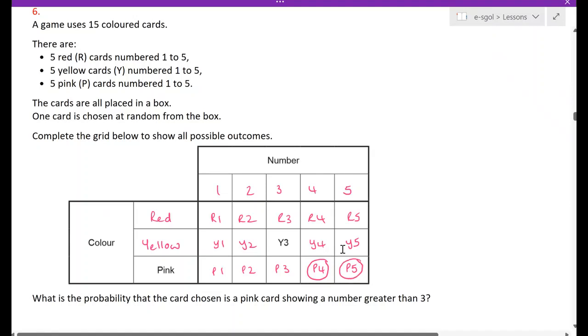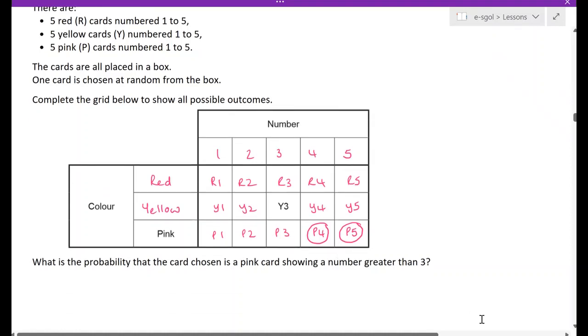So the probability, I have got 2 pink cards with a number greater than 3 out of, and then altogether, if we count the number of boxes we've got here, we've got 1, 2, 3, 4, 5, 6, 7, 8, 9, 10, 11, 12, 13, 14, 15. So the probability that the card chosen is a pink card with a number greater than 3 is 2 out of 15 altogether.